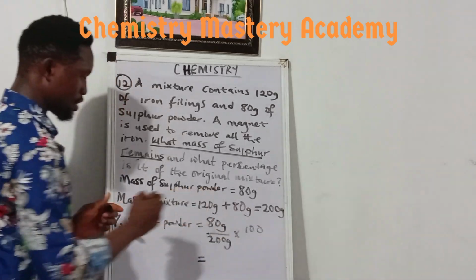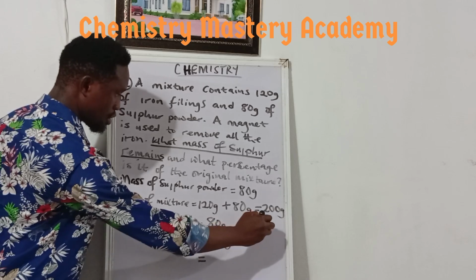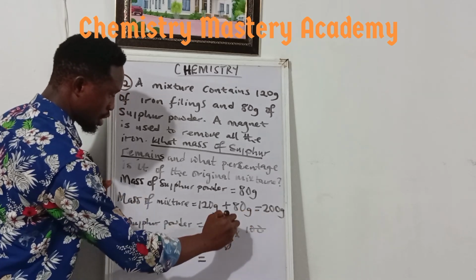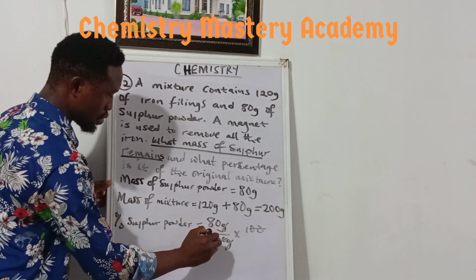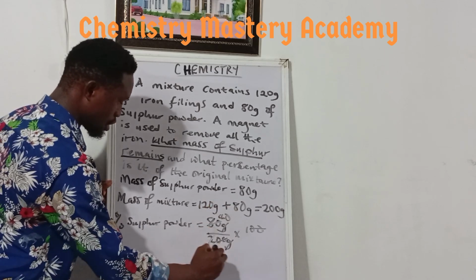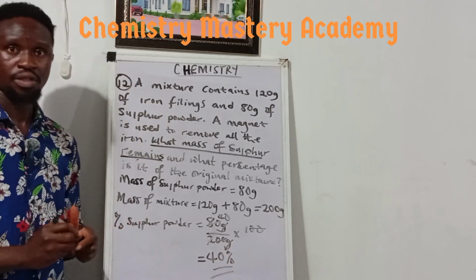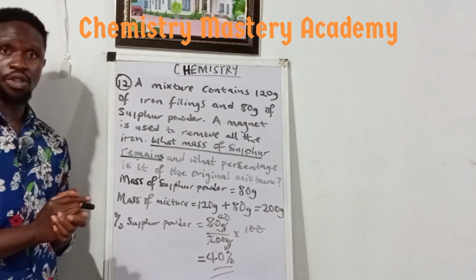So when we solve this, we cancel this, we cancel this, we're left with 80 over 2. Now 80 divided by 2 will give us 40. So the percentage of sulfur powder is 40%. Okay? Alright, let's move on to the next question.